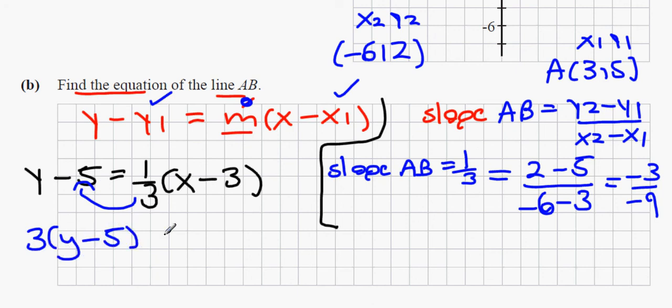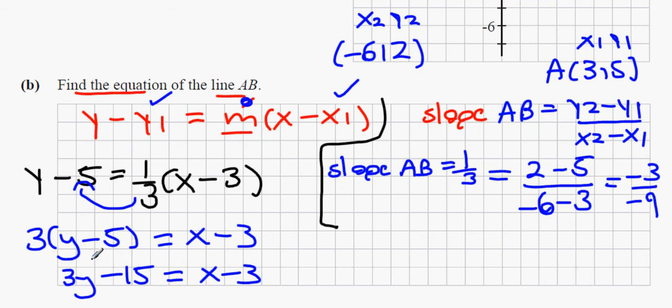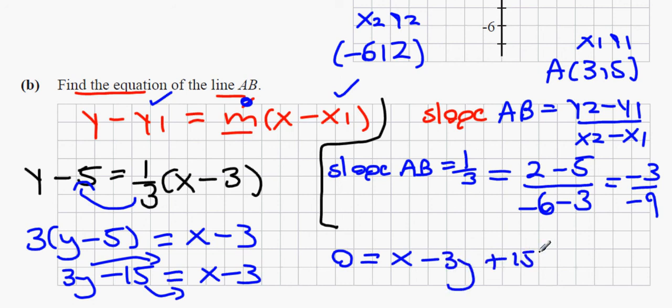And what you're going to get is 3y minus 15 equals x minus 3. Bring everything over to the other side, so we're going to get 0 equals x minus 3y plus 15 minus 3. So then we can get x minus 3y plus 12 equals 0.